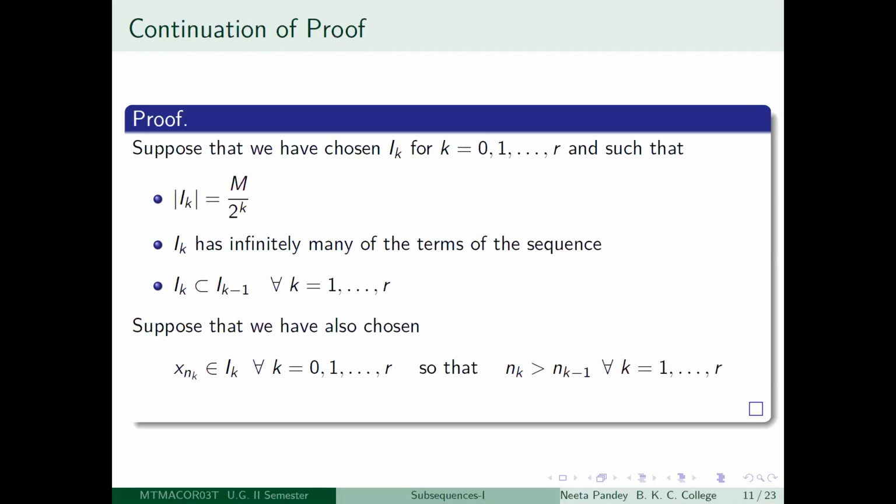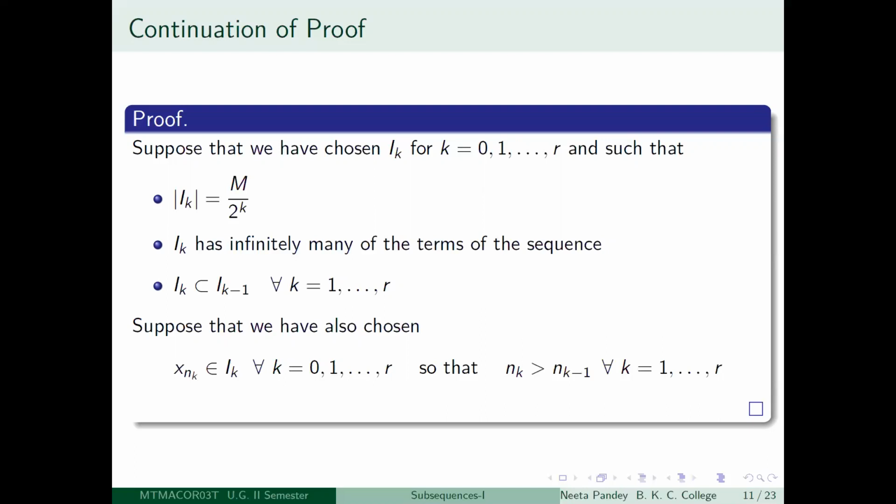And not only that, the way we are choosing it is that Ik has infinitely many terms of the sequence, right? So that is the way we keep on doing it. First I0 had infinitely many terms, then you subdivided I0 into two subintervals, chose one which had infinitely many terms, and called it I1.